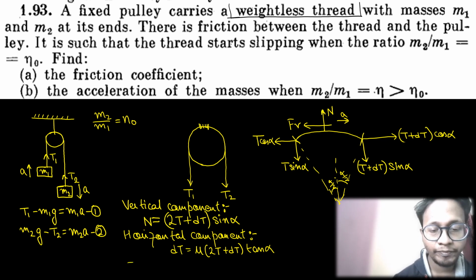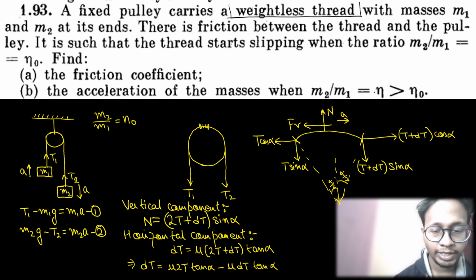Now let me multiply. dT is equal to mu 2T tan alpha plus mu dT tan alpha.